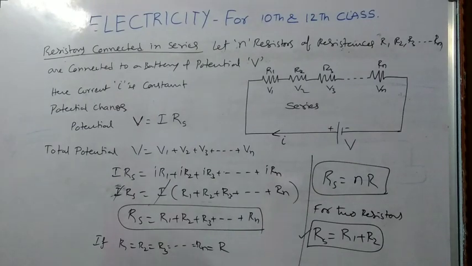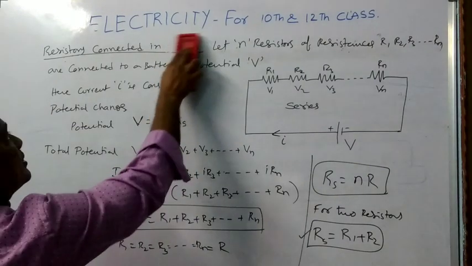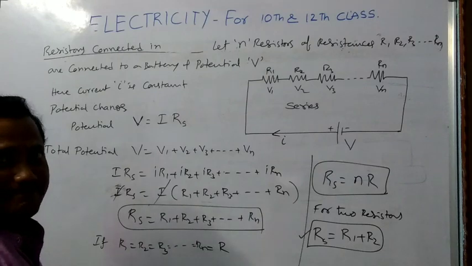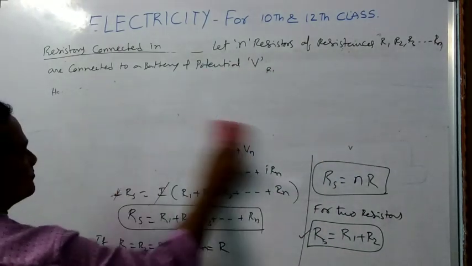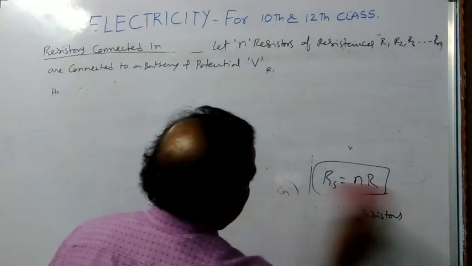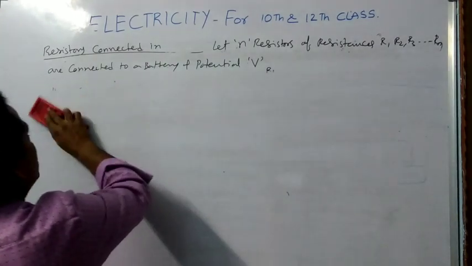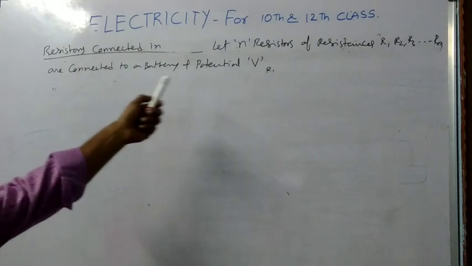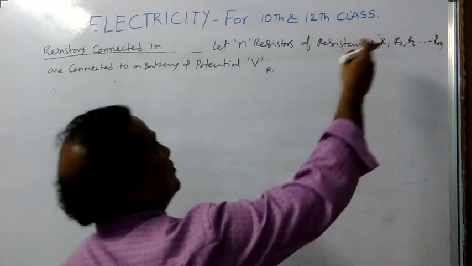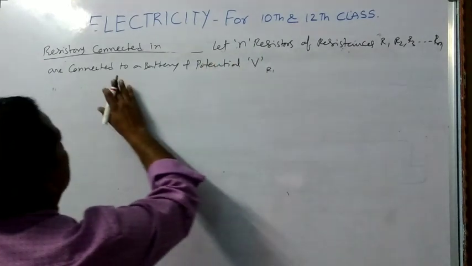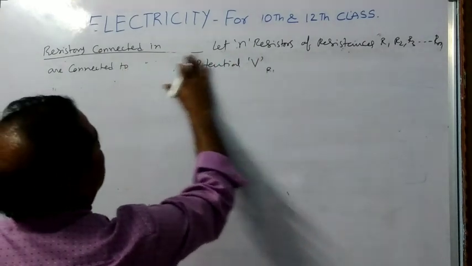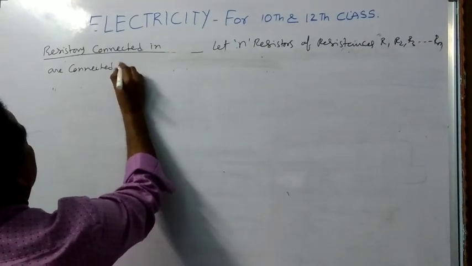Okay. Next will be resistors connected in parallel. How are they connected in parallel? So let us consider n resistors of resistances R1, R2, R3, and so on connected in parallel.